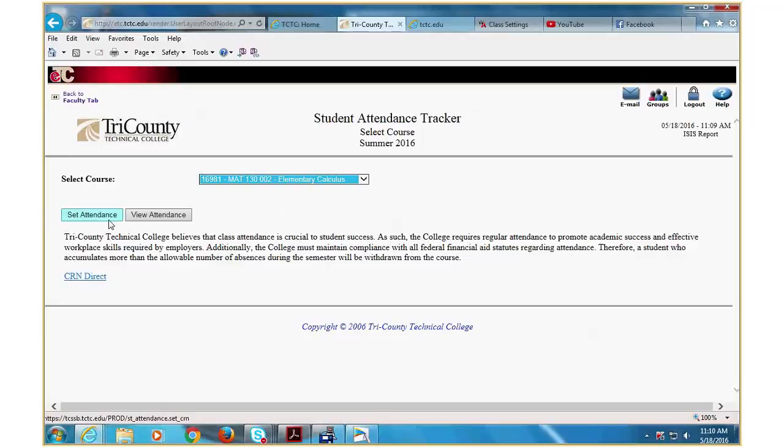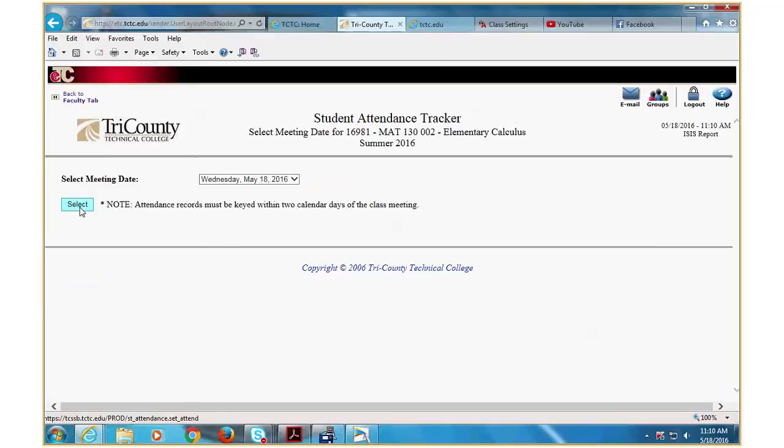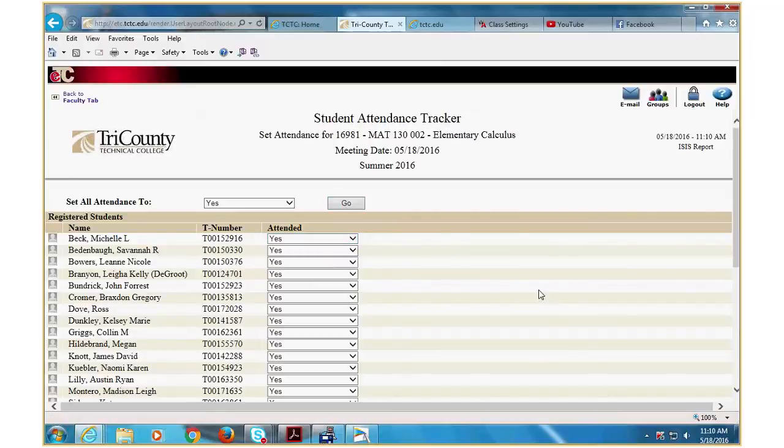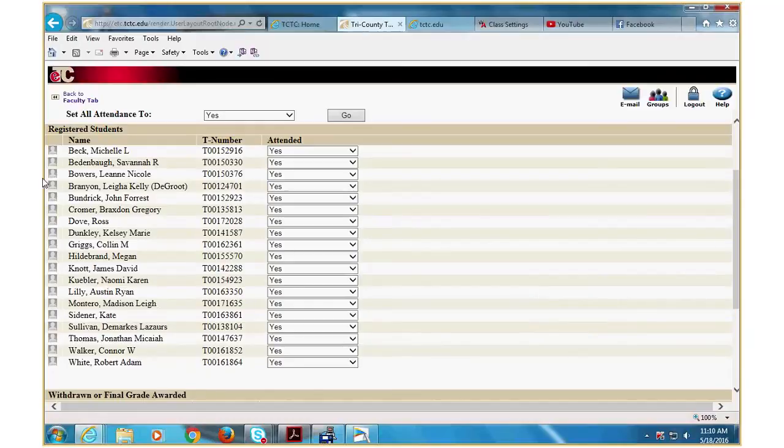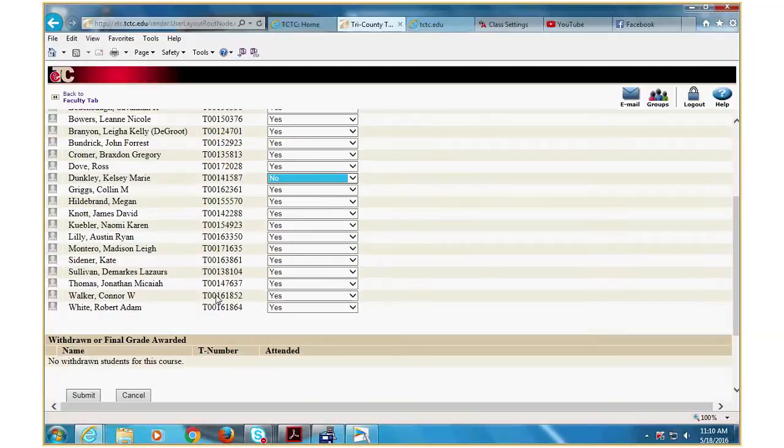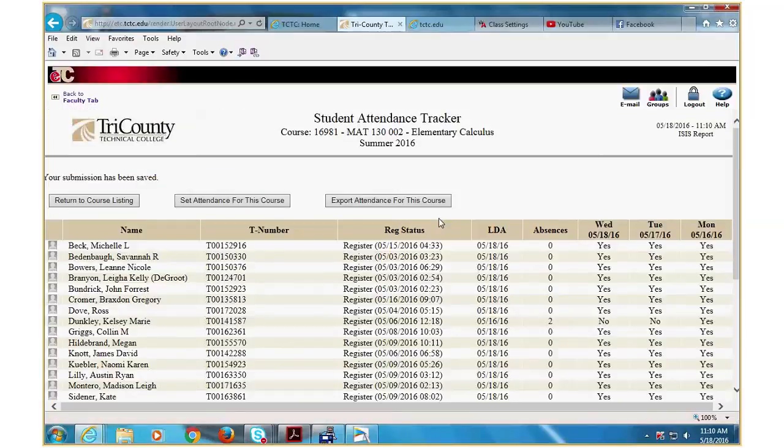Dadgummit, I gotta find out who it is. Beck. Here. Bindenball. Here. Bowers. Here. Branyon. Bundrick. Here. Cromer. Here. Dove. Here. Dunkley. That's who it is. Everybody else is here. Griggs. Yep. Hildebrand. Here. Knott. Here. Keebler. Here. Lilly. Here. Montero. Here. Seidner. Here. Sullivan. Thomas. Walker. Here. White. Here. Oh my gosh.